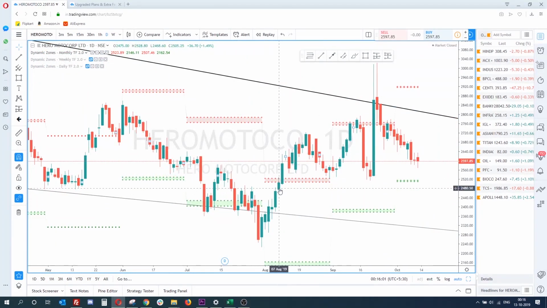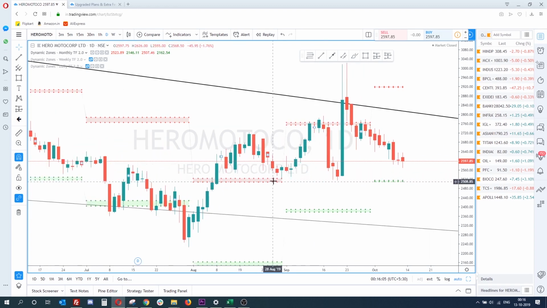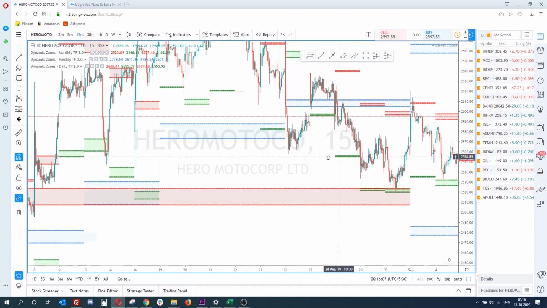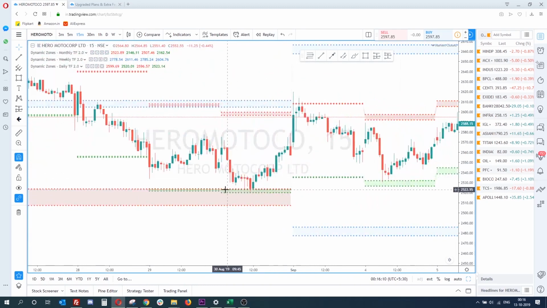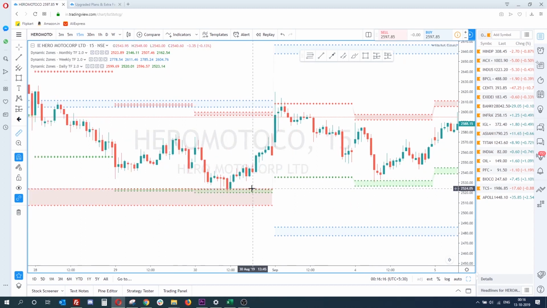I mean, this is 7th August, and it went up and took a retrace on 30 August. You see 30 August, there were two zones overlapping, daily and the monthly. So this is where I didn't even look for a bullish sign, guys. I just went right below the zone, right around here. I went long.